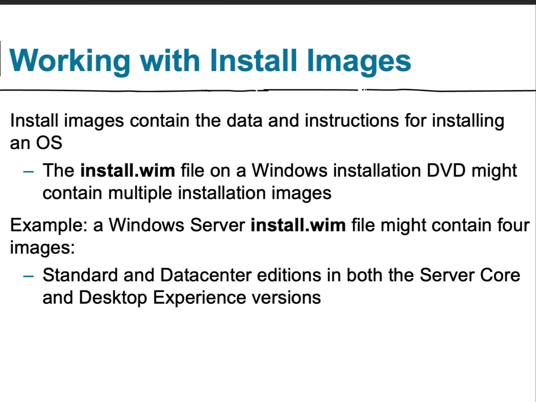For example, a Windows Server install WIM might contain four images: standard and data center editions in both the server core and desktop experience versions. While adding the image to WDS, you can select which edition and version you want to include.